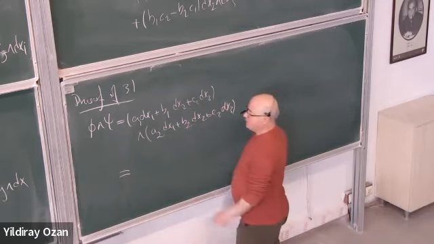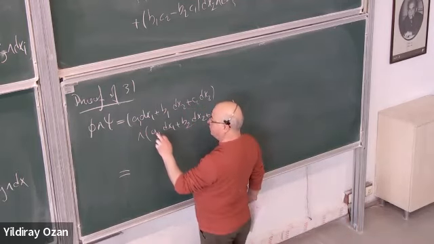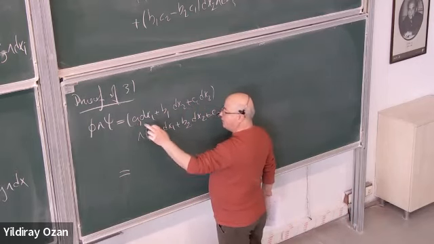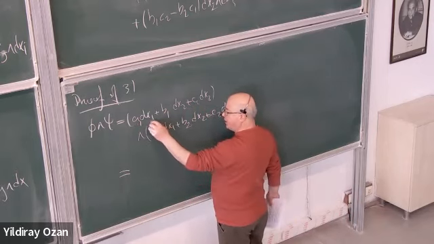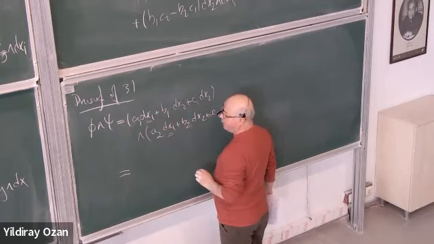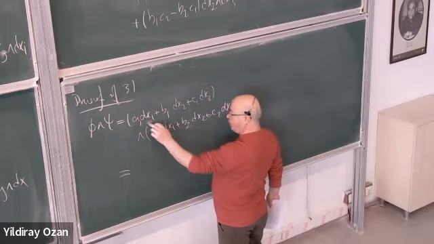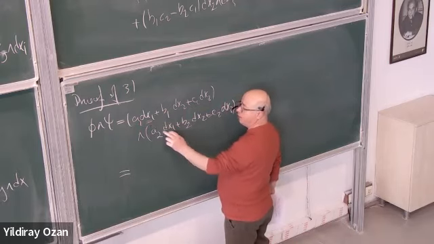All right, so what is the wedge product? So here I have a1 times a2, but then I have dx1 wedge dx1, that is 0. So I will not write that down.